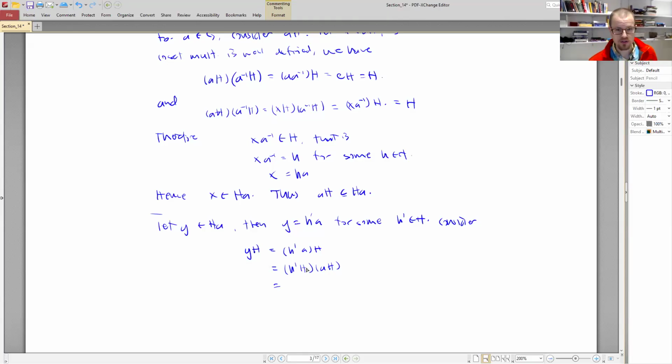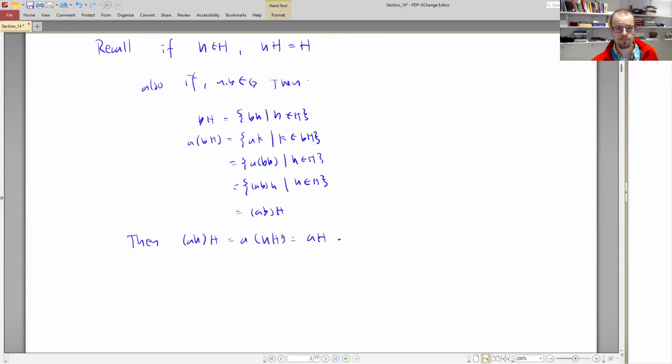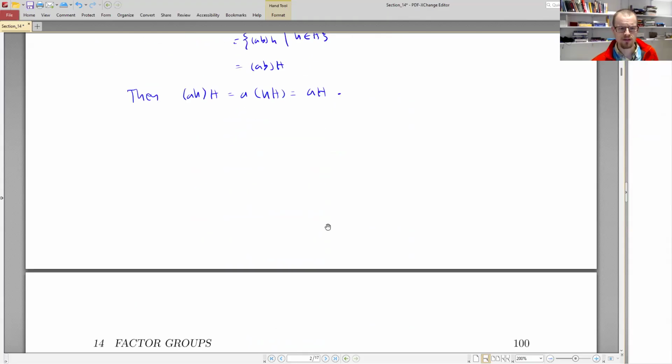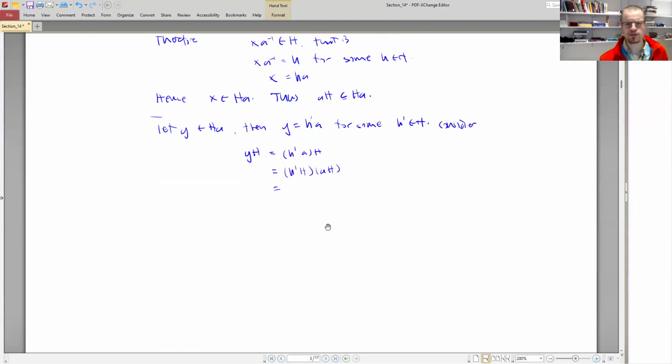It looks like maybe I didn't get the order that I was hoping for, but that's the same sort of thing that I'm working towards here. h prime h is eh, or just h. Calling it eh is convenient because then I can recognize that this is AH, right? A times e is just A. So now I have Yh is equal to AH.